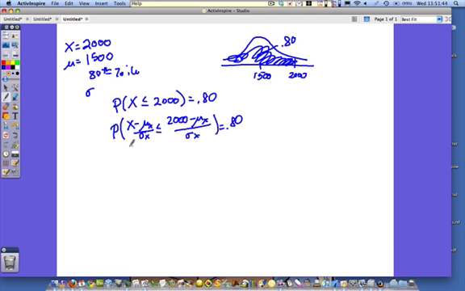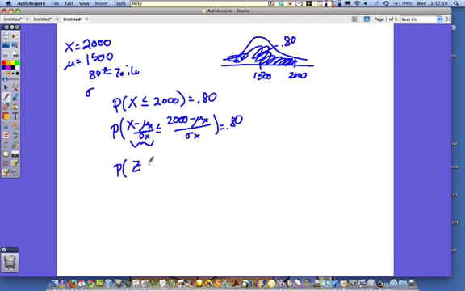This term right here turns into a z random variable because we've transformed the x from a random variable that was normal with a mean of 1500 and a standard deviation we're trying to find out into a normal random variable whose mean is 0 and whose standard deviation is 1.